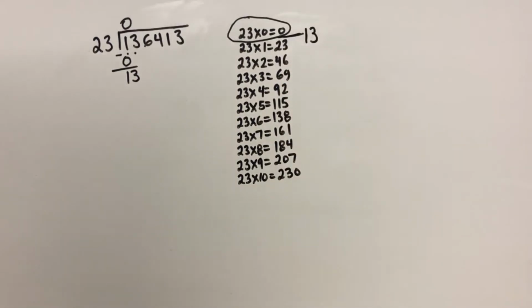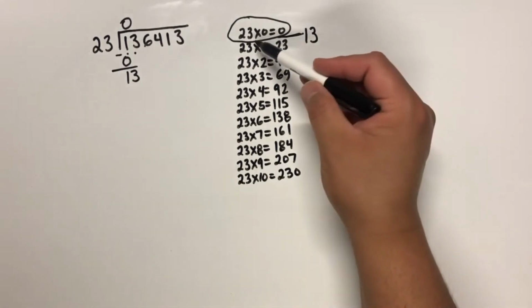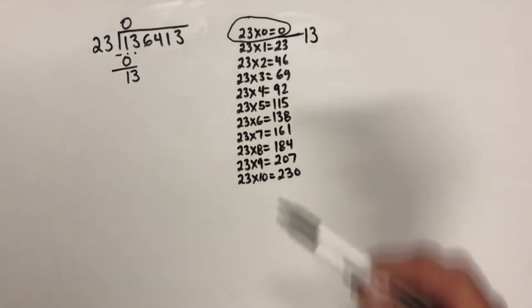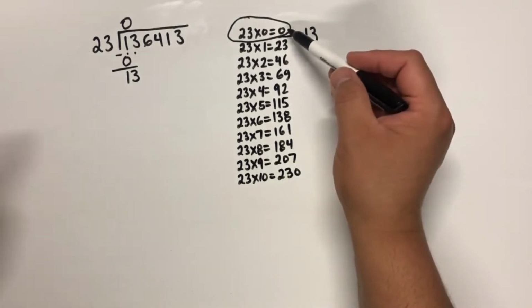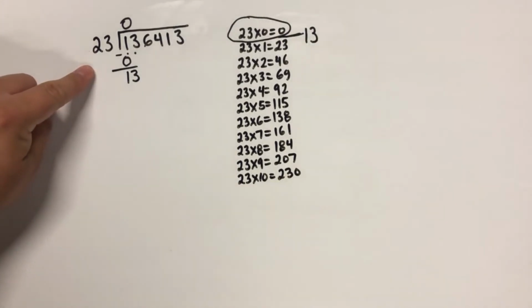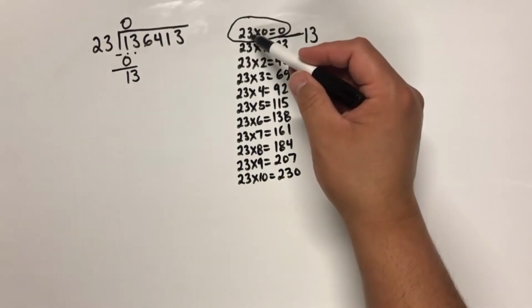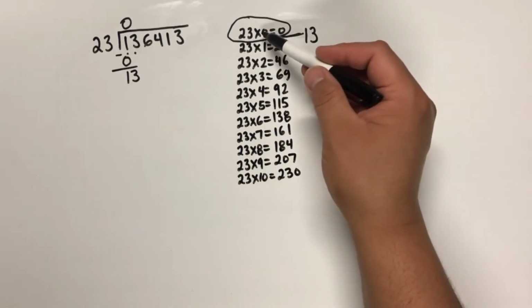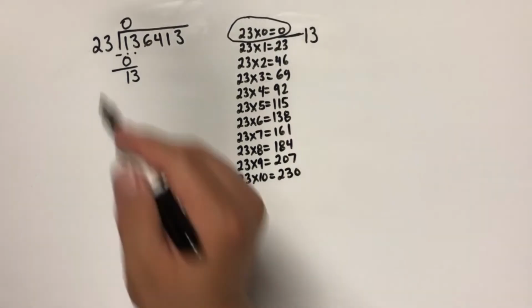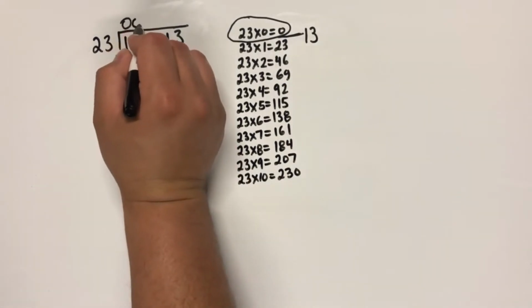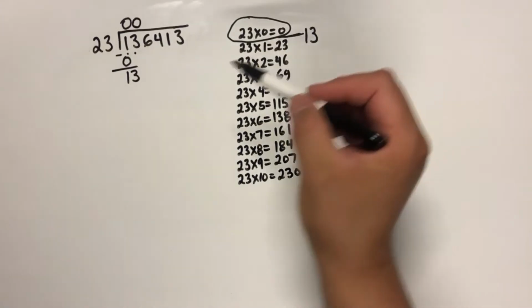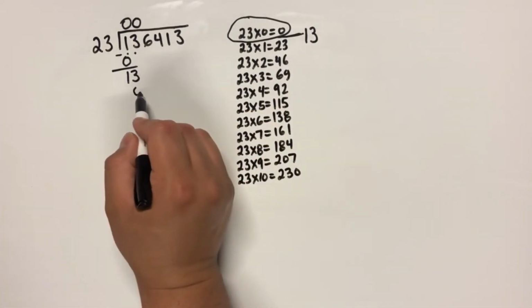So once again, I'm going to choose the entire expression, 23 times 0 equals 0. And I'm going to use those numbers over here in the division. So once again, that 23 right there is this 23 right here. And that 0 goes on top of the number 3, and that 0 goes underneath the number 13.